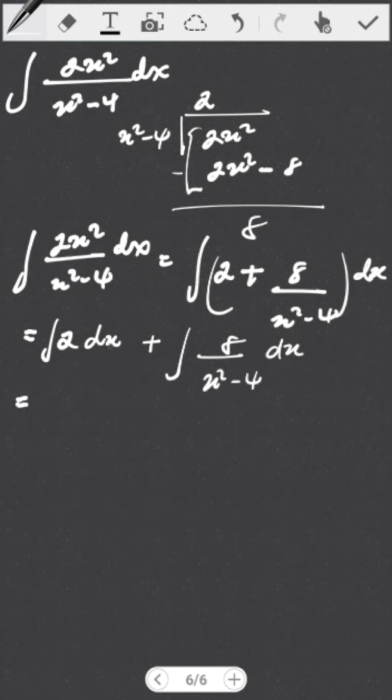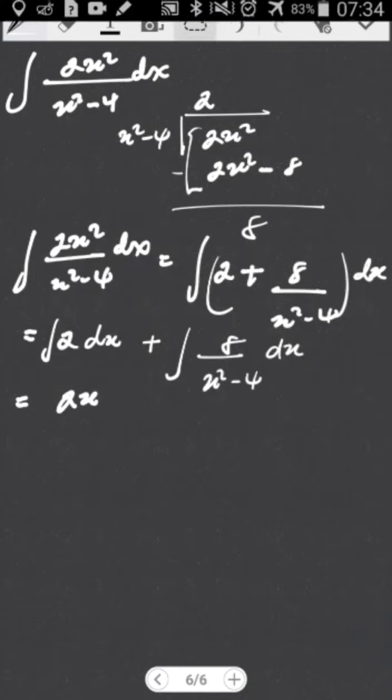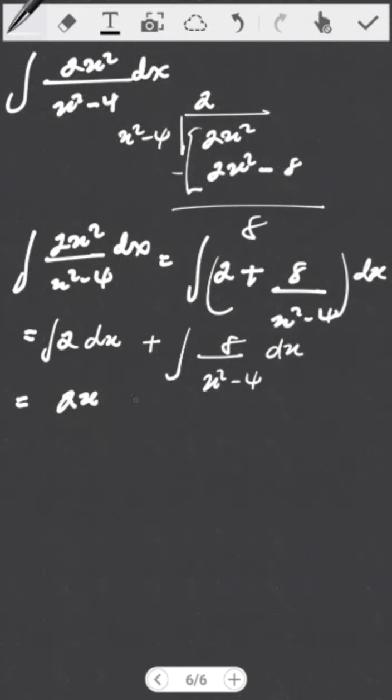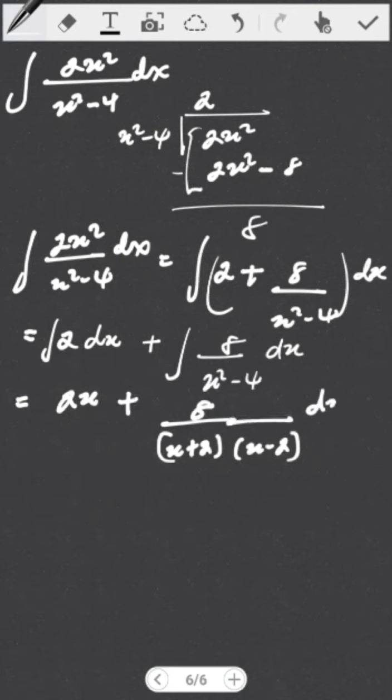For 2 and dx, this would be 2x, divided by 1, which is meaningless. Then plus the integral of 8 all over x plus 2 times x minus 2, as a difference of two squares, dx.